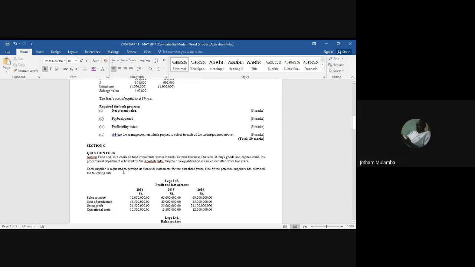Now, when you see present value interest factor annuity, it means you are investing small amounts of money, then you expect to be given a lump sum at the end. That's what annuity means. For example, if you invest in a life education insurance for your son or daughter, you are expected to be paying small bits, then you'll get a lump sum at the end of the insurance.